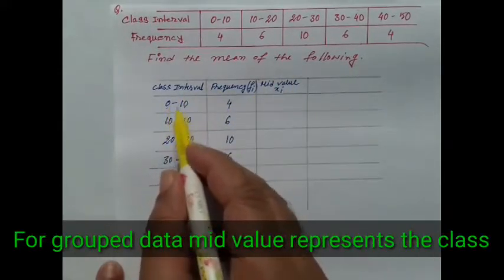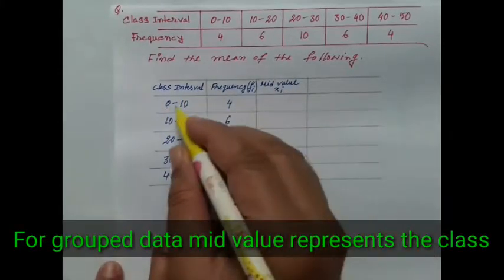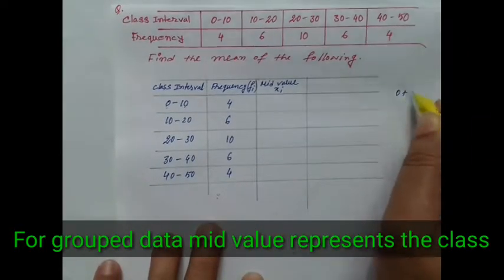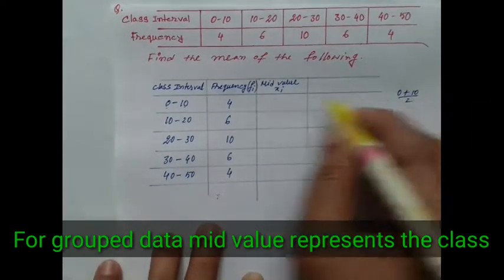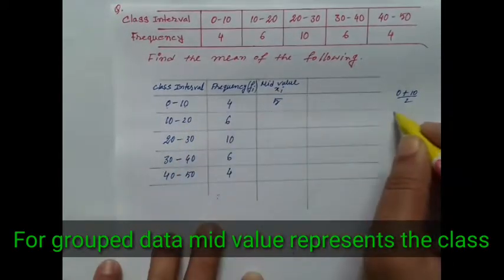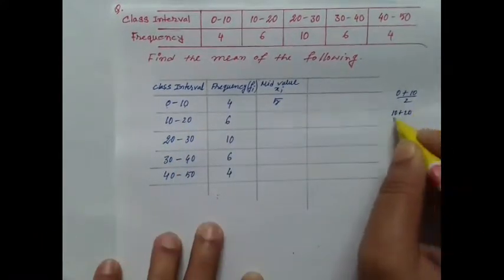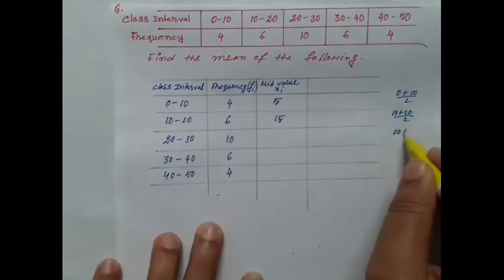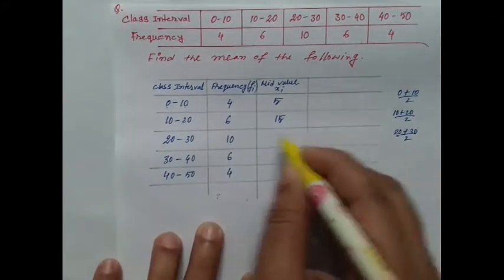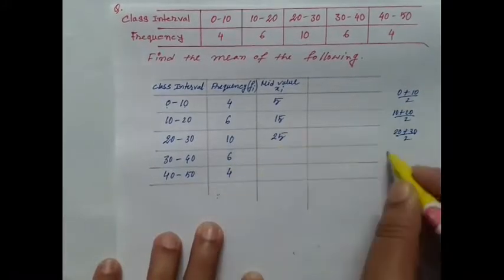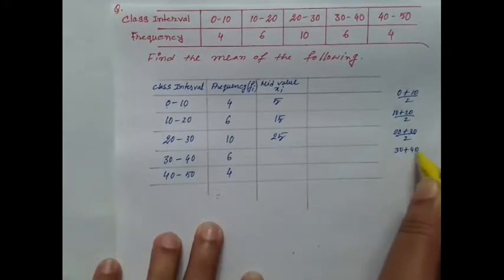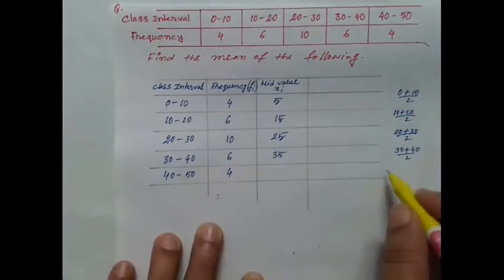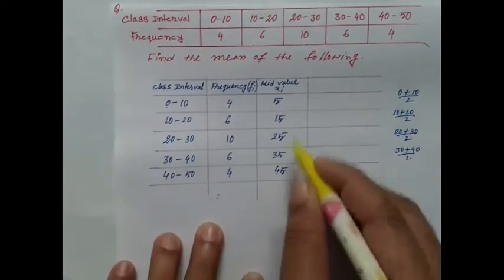To get mid value we have to add lower limit and upper limit by 2, means 0 plus 10 by 2, we are getting 5, and next 10 plus 20 by 2, that is 30 by 2 means 15. Here 20 plus 30 by 2 means 25. Then 30 plus 40 by 2 means 35, and last one 45. Okay, so we got mid value.